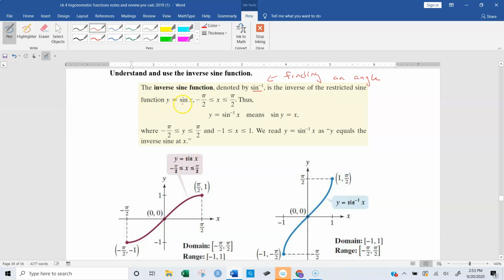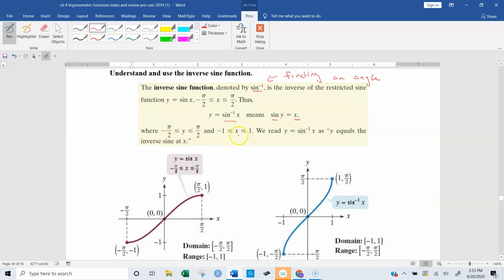All right, now the function y equals sine of x, we know -pi/2 is less than or equal to x, which is less than or equal to pi/2. So this means that the inverse sine right here, I am actually finding the sine of y, which equals x. I know that sounds confusing, but we will get there. Where -pi/2 is less than y is less than pi/2, so going between a -90 and a 90.